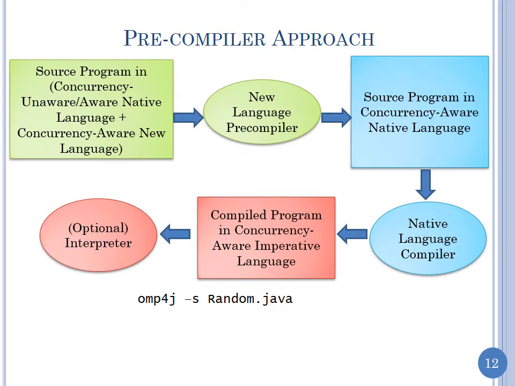So here's exactly what goes on in terms of instructions. You say OMP4J -S, and you give it this random program with the annotation, the pragma, and it converts random.java into a new random.java where those comments have been expanded. And then you can say javac on that new random.java, and then you can say java random.